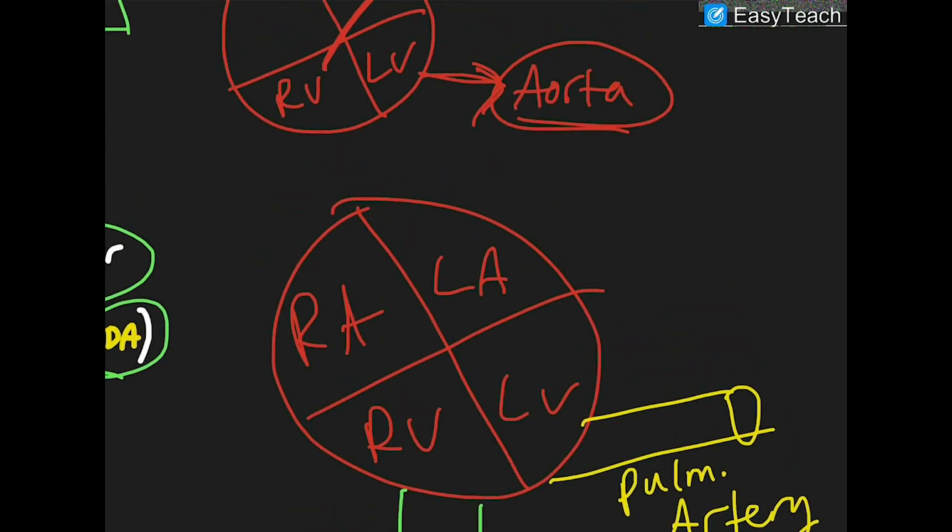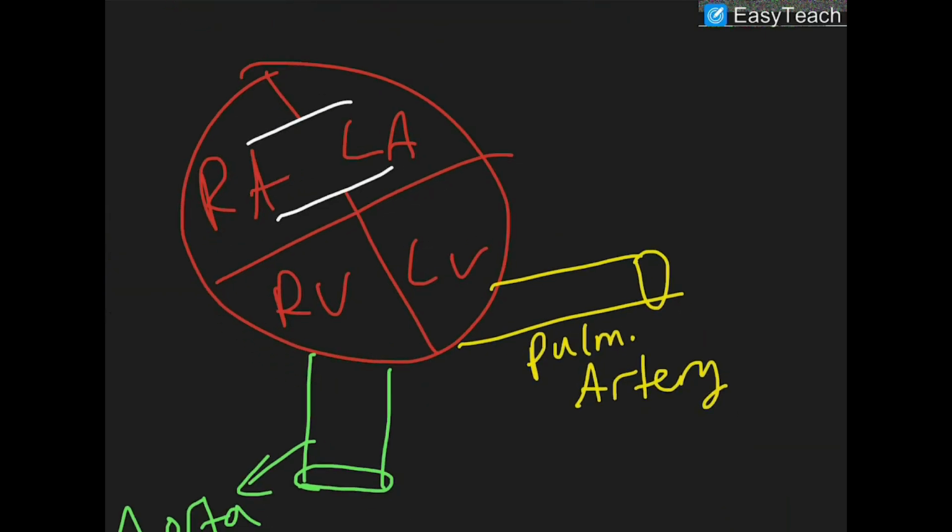If we were to make an ASD, which is a connection between the right and left atrium, let's go ahead and make that connection. Right now we have an ASD here for blood to flow between the two atria. Then what's going to happen? Which side is the oxygenated side? The left side, right?